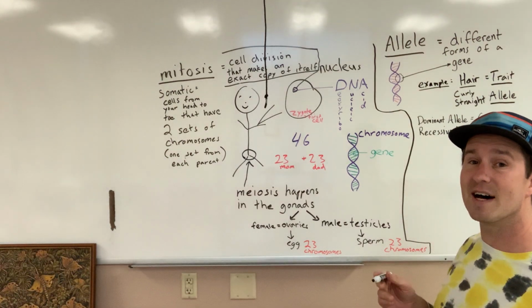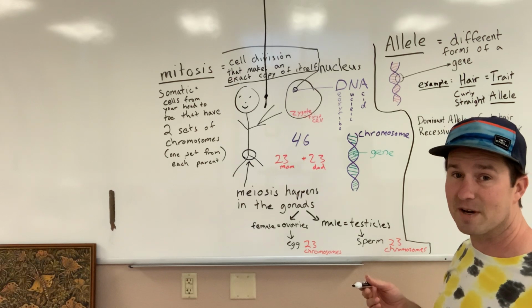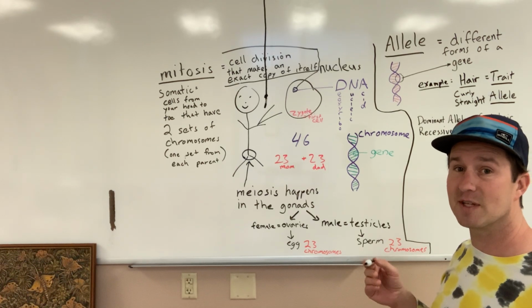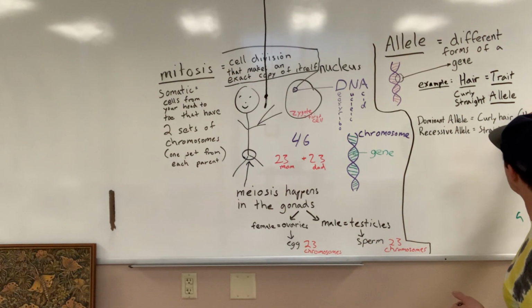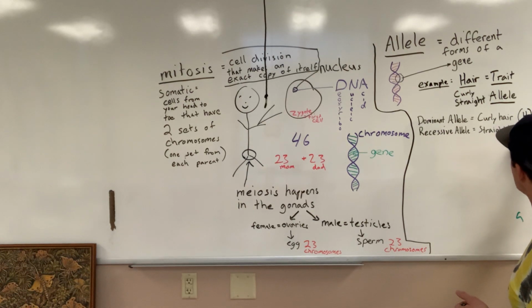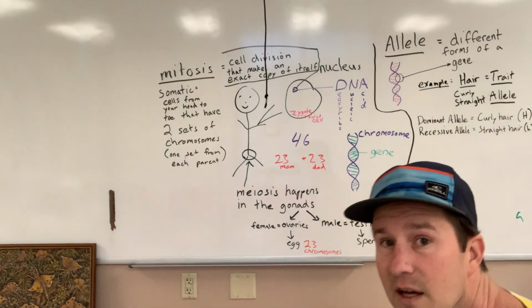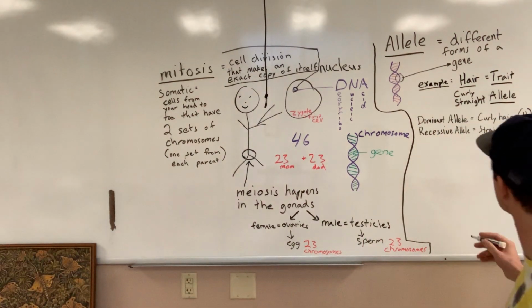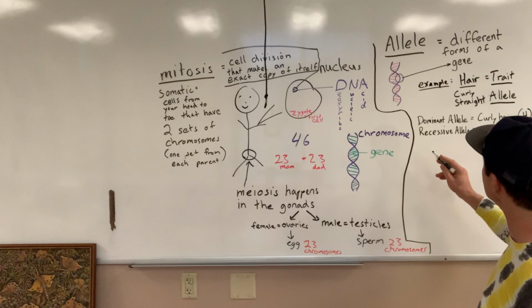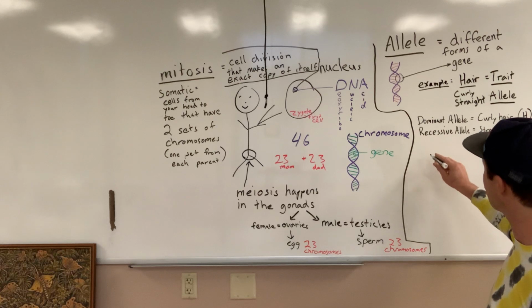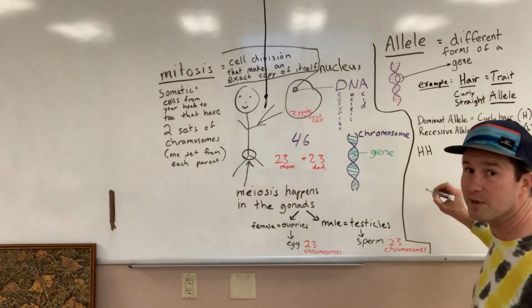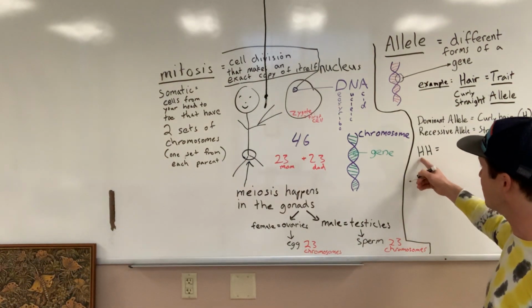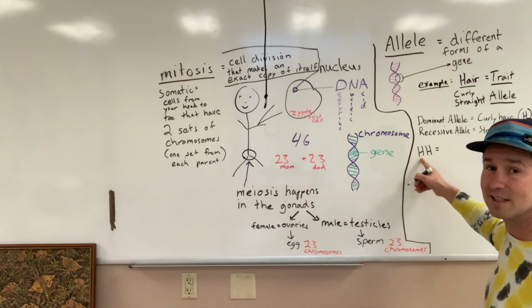Okay, now we need to give it a letter. Okay, and I'm going to choose H for hair, and the capital H is going to represent, capital always represents the dominant. So in parentheses, I'm going to put a capital H right here, and I'm going to put a lowercase h by the straight. Okay. So if you were to get a dominant from your mom and a dominant from your dad, then you have the same two alleles, okay?